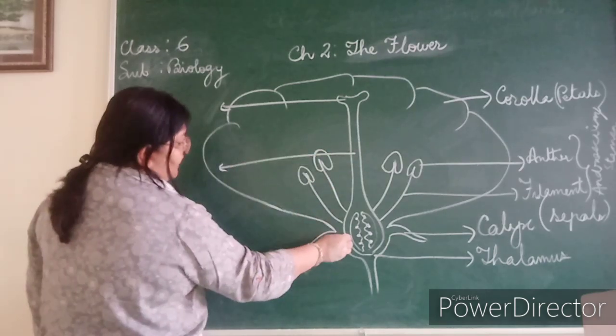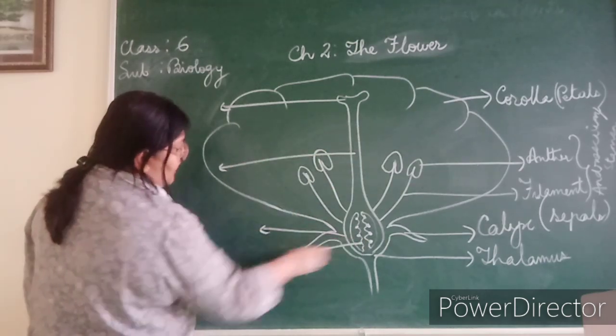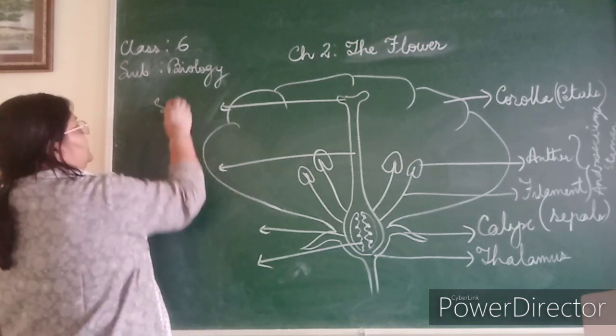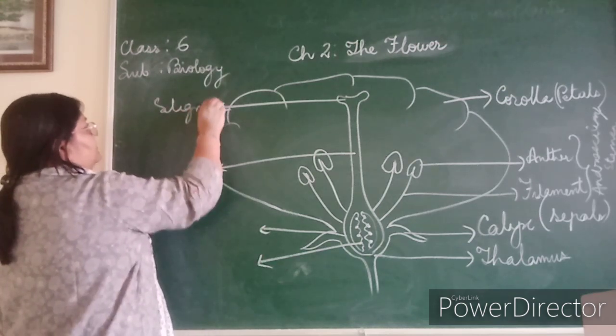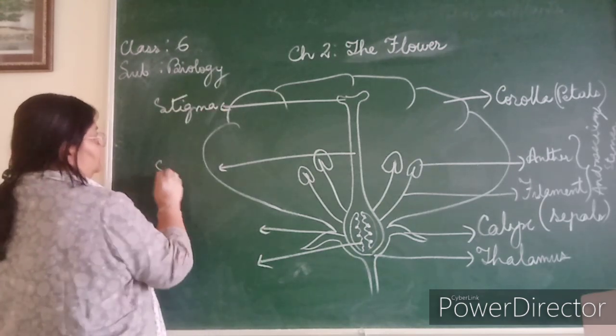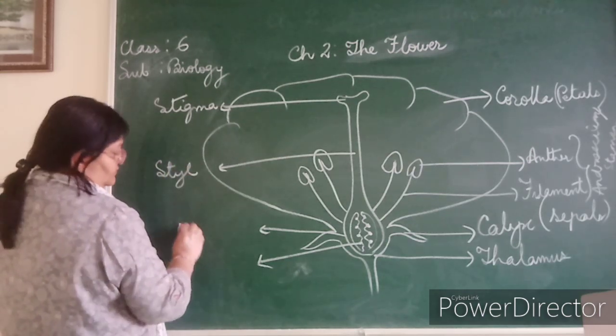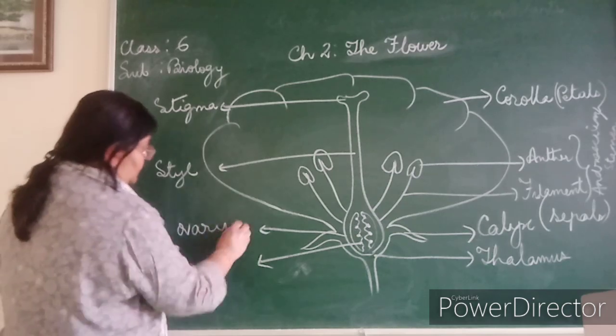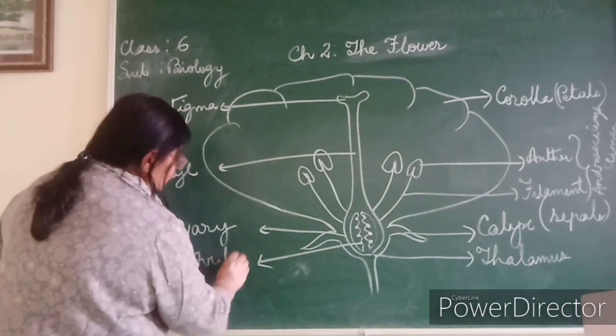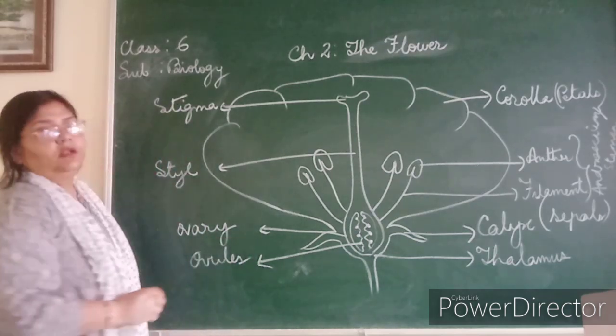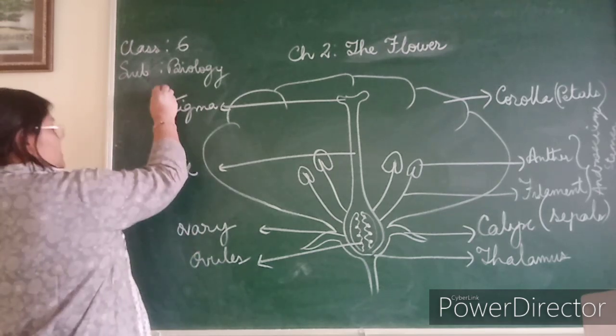Stigma, style, ovary and ovules. So let's mark stigma, style, ovary, ovules. Okay, now stigma, style and ovary.